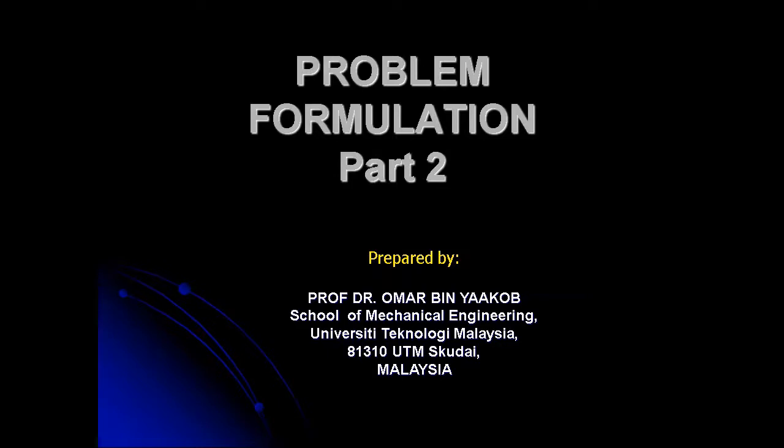And also we look at how to do proper literature review, where from the literature review, now we have identified the problem. Say if we have come to the point at which we are able to identify the problem, then in this second part of problem formulation, we go to the actual writing of the problem formulation, problem statement, research questions, and so on. So this is what we're going to deal with in this particular lecture today.